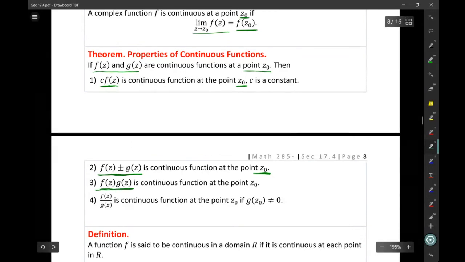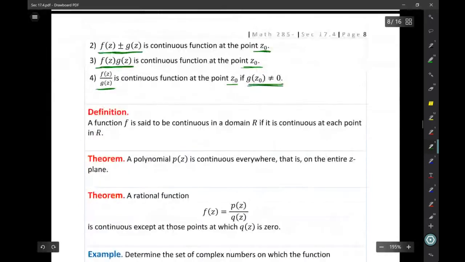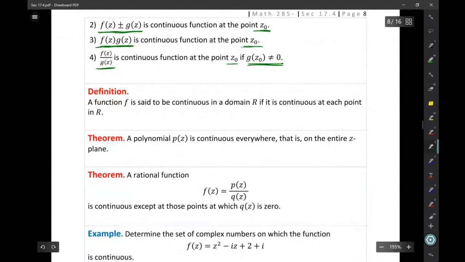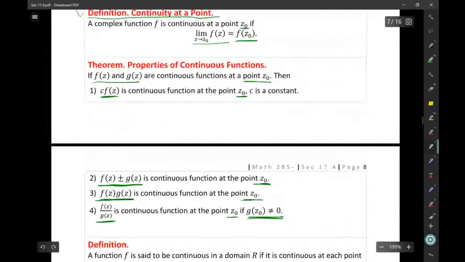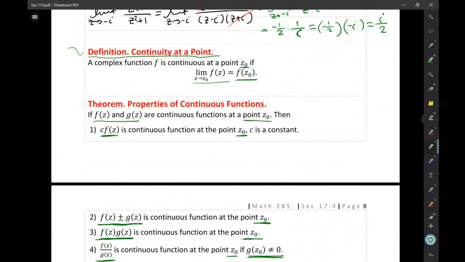Also, the multiplication f by g will be continuous at z naught. And the division f by g is also continuous at z naught, provided g of z naught is not equal to 0. These are the same properties of continuity of real functions in calculus. And that's the definition for continuity at a specific point only.